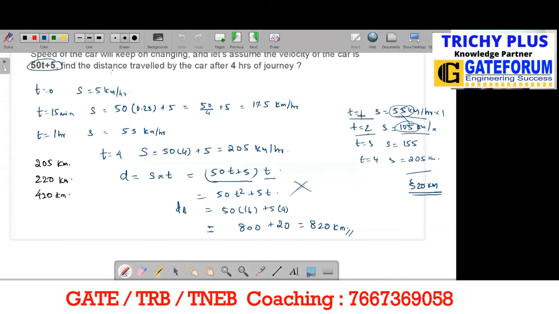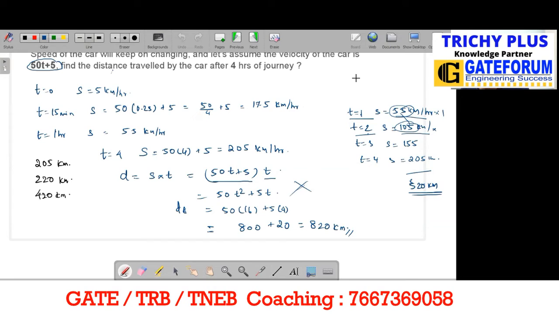With that you can multiply with the minute and find it. But still here the speed is changing with respect to the second, even microsecond, nanosecond. So it is changing with respect to time each and every second. So you have to capture all the changes and find the distance traveled by the car for every second, and you have to add up everything. Are you getting my point? How many of you are getting my point?